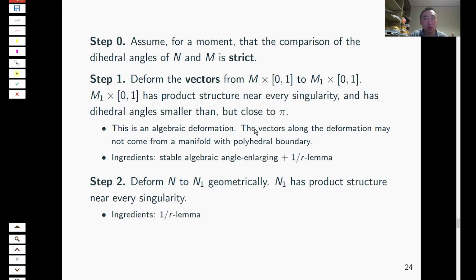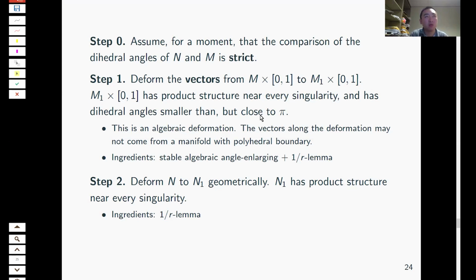The vectors during the process may not really come from a genuine manifold with polyhedral boundary. Okay. And our goal is that after this deformation, this M1 will have product structure near every singularity. And also, it will have dihedral angle smaller than, but very close to pi. So because it's large enough, then we can do the next step.